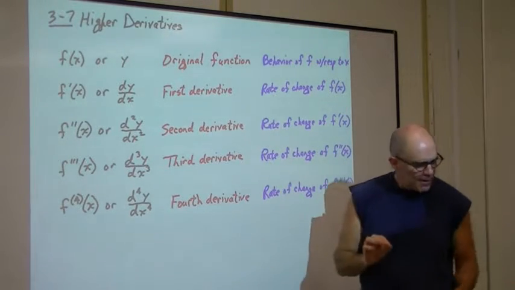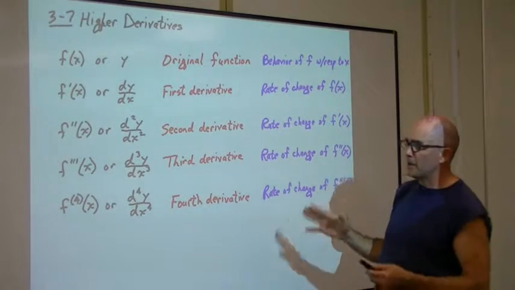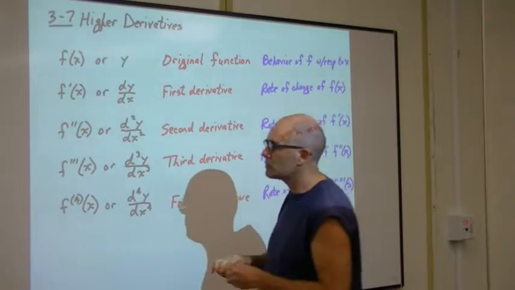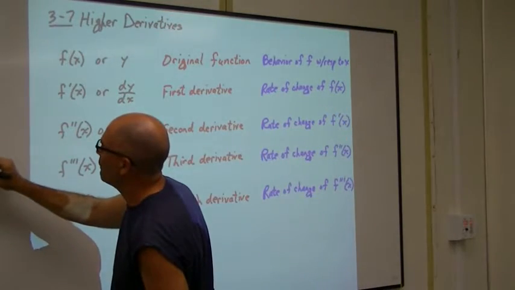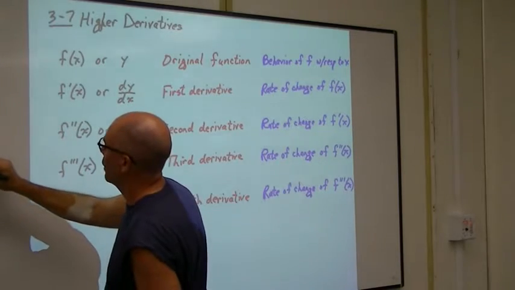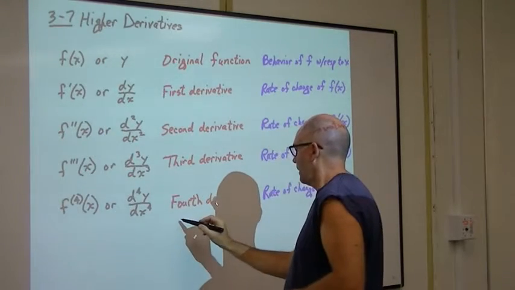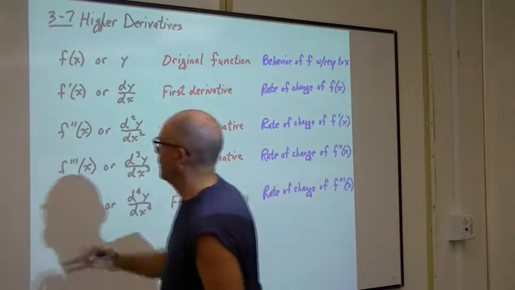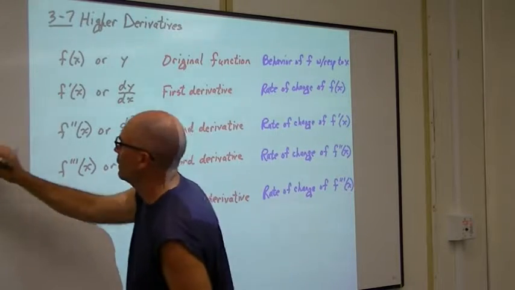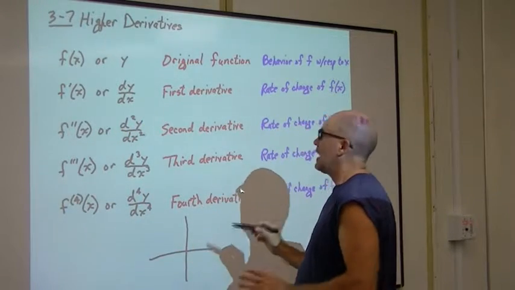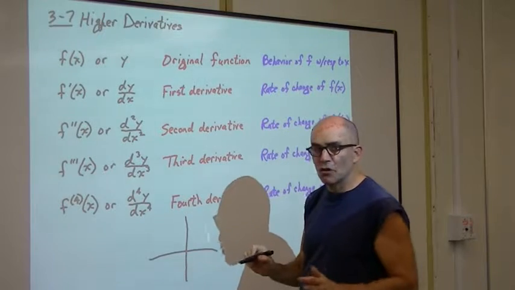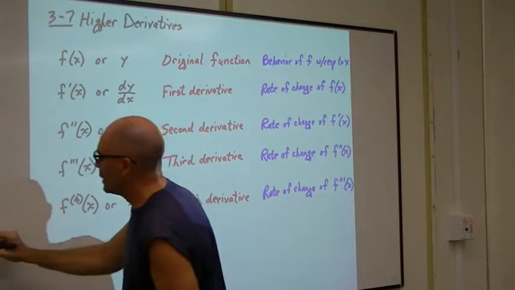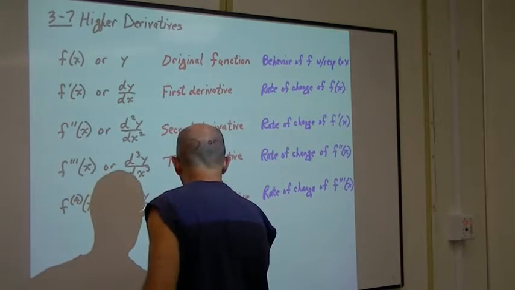Now let's think about what that means. This is what I was talking about at the very beginning, where we need to be able to think a little more abstractly. So let's say we've got a function, here's our graph, and let's just say f is increasing with respect to x.